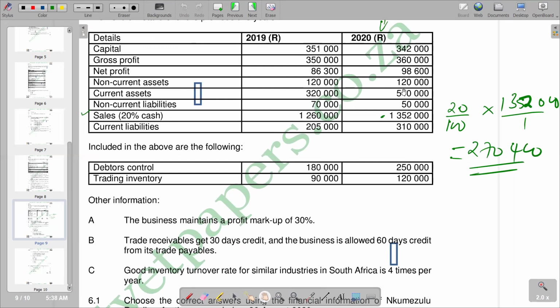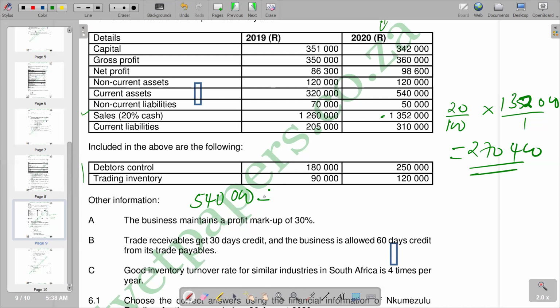For the current period it was 540,000. So we are going to say 540,000. And we know that components of these current assets were given in the year. Debtors given is 250,000, then inventory given is 120,000. But we know that the other part is going to be cash and cash equivalent.